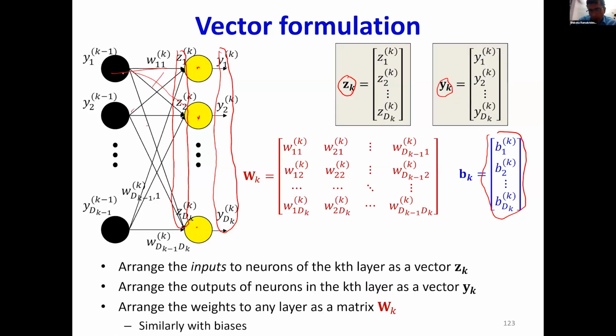So if I think about this, again, y subscript k is the output of the activation at the kth layer. z subscript k is the vector of affine values at the kth layer. b subscript k is the vector of biases for the kth layer, right?